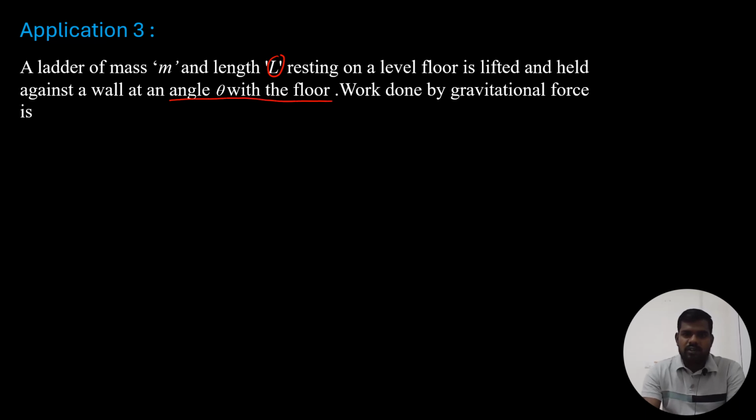We need to find the work done by the gravitational force. In these applications I'm discussing only the work done, that's why we need to find the work done by the gravitational force.